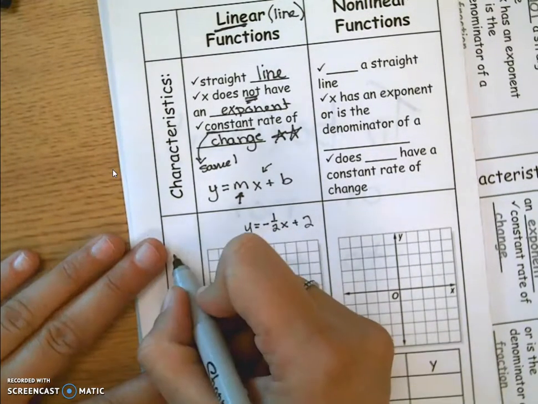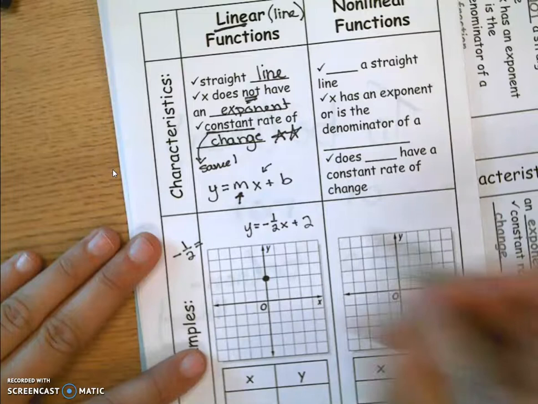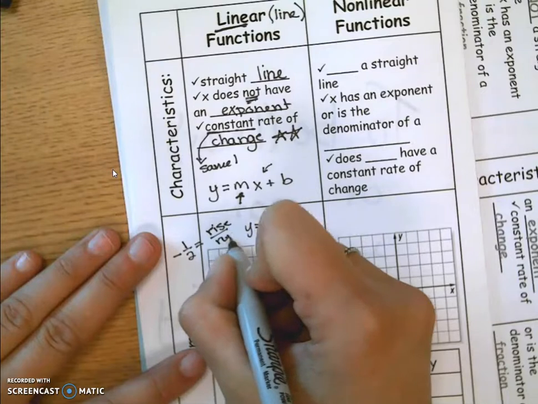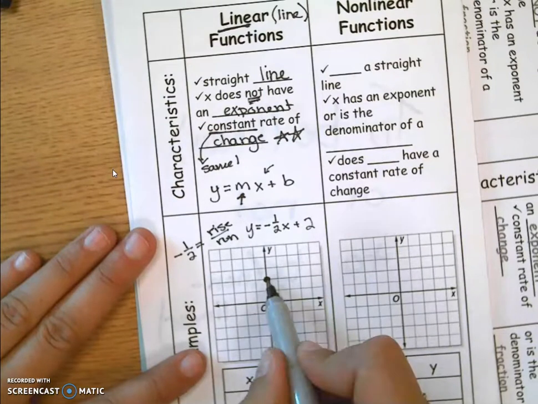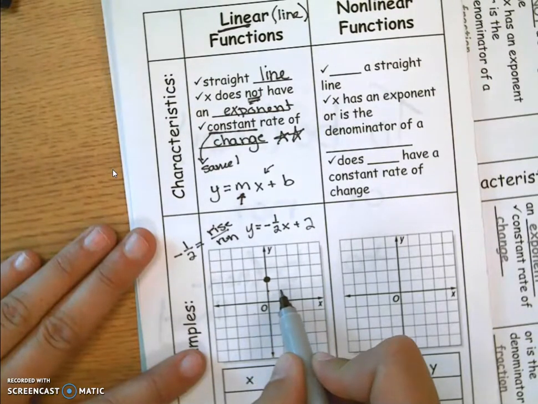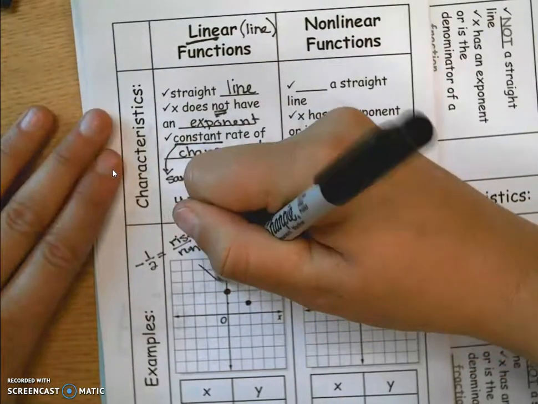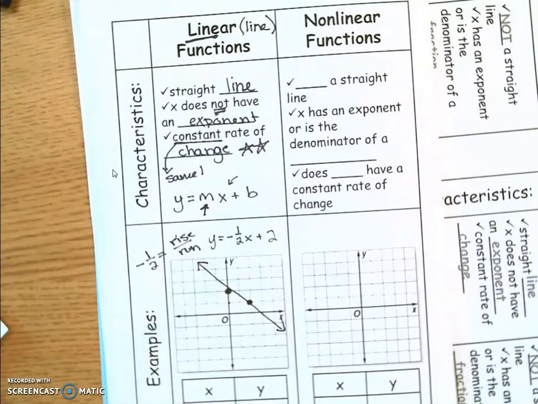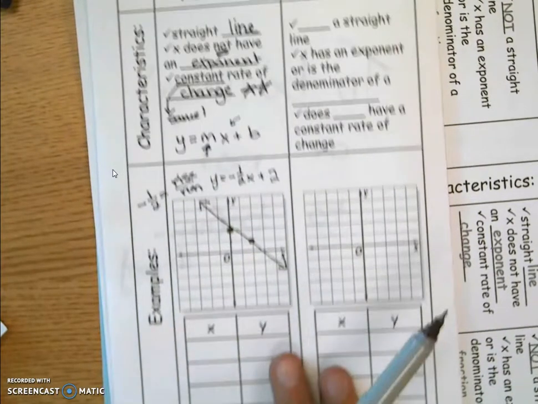And remember our slope, negative 1/2, is those two R words, rise over run. So that means I'm going to rise negative 1, so I'll go down 1, and I'll run 2. 1, 2. Make my new dot. And right there, we have a linear function because it is a straight line. Our x doesn't have an exponent next to it, so we know it's linear. And we have a straight line, so we know it's linear.